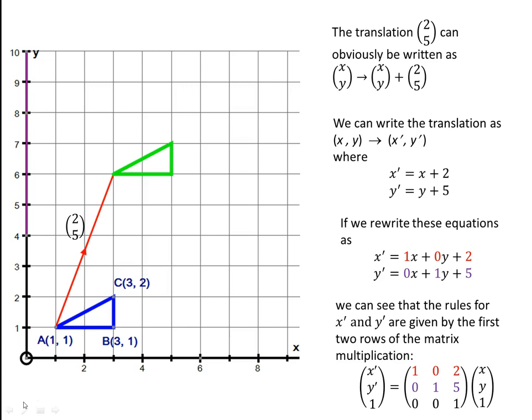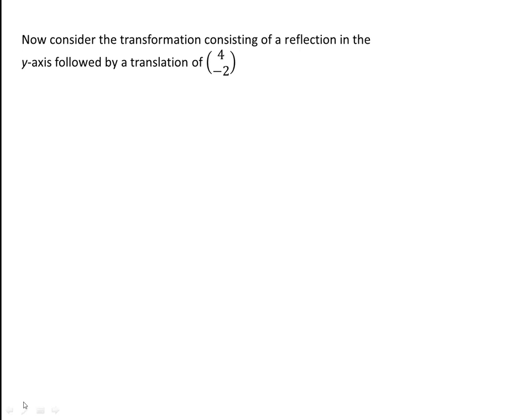Now let's see one or two other examples of where we can use a 3 by 3 matrix to represent a transformation in two dimensions. So let's consider first of all the transformation consisting of a reflection in the y-axis followed by a translation of the point (4, -2).